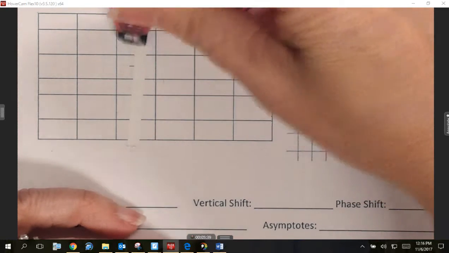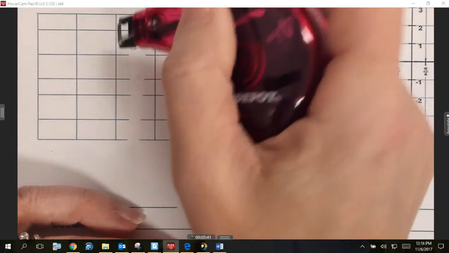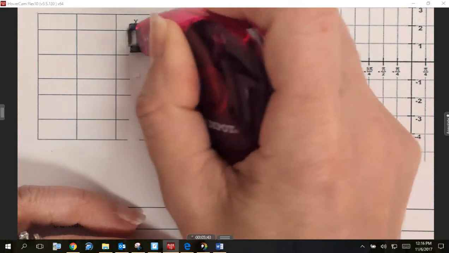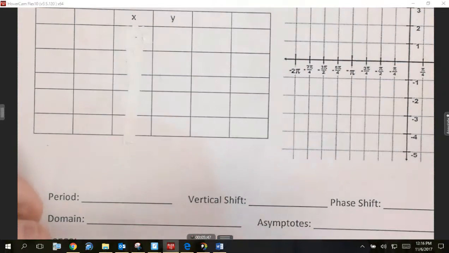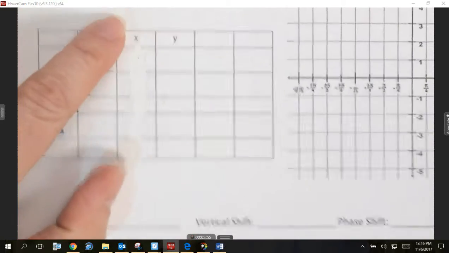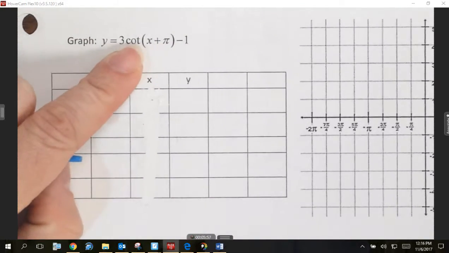This is cotangent right now. It does not have the points that I put on there for its key points. You're going to have to utilize whiteout if you have it, or this really crazy method called scribble out what I put there and write the real ones. So this is cotangent. Ooh, let me go back up. This is the second one on your paper.